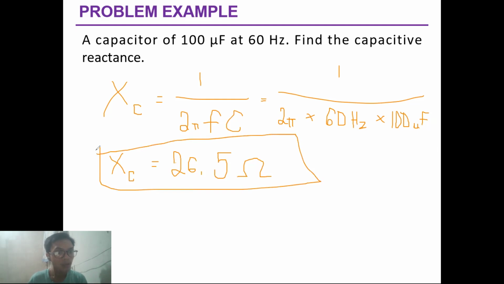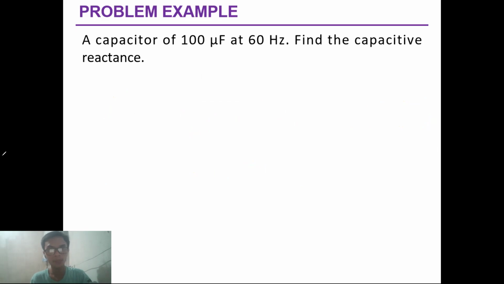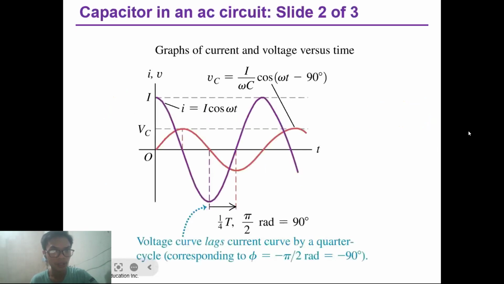So what happens to capacitive reactance as frequency increases? Kindly don't be burned out by researching. We have here a graph of current and voltage versus time in a capacitor of an alternating current circuit.